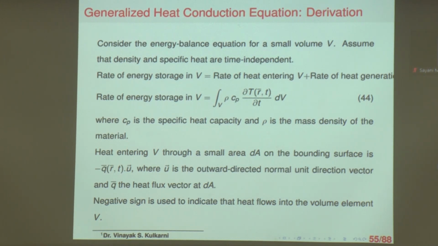For example, yesterday I gave you the piston of a motorbike, where there is internal heat generation. So I will have to take care of internal heat generation, number one, and heat energy entering through the bounding surfaces, number two. Combining these two will give me the total heat energy within this particular volume.